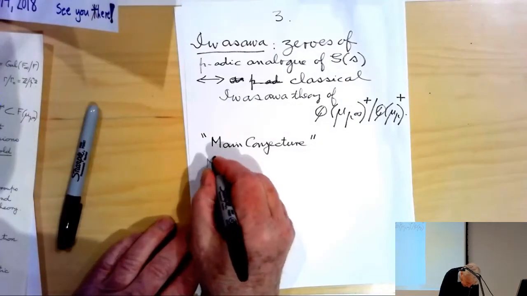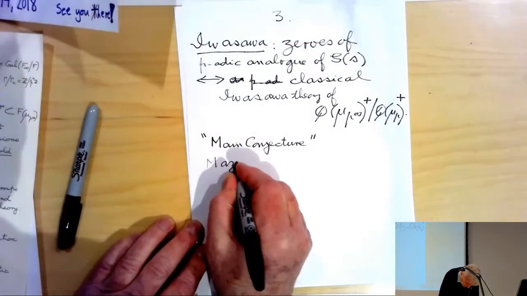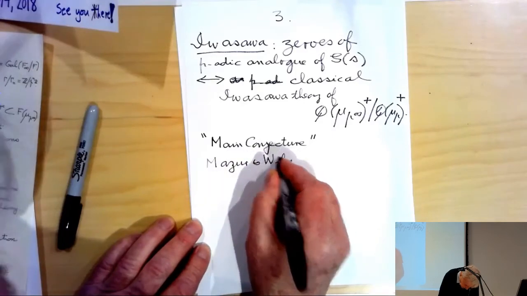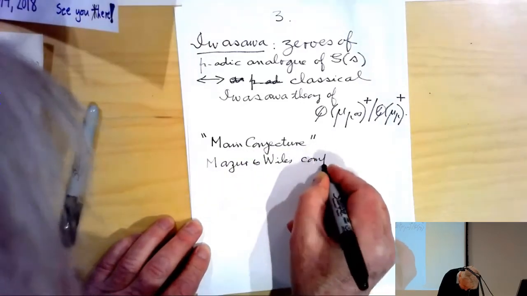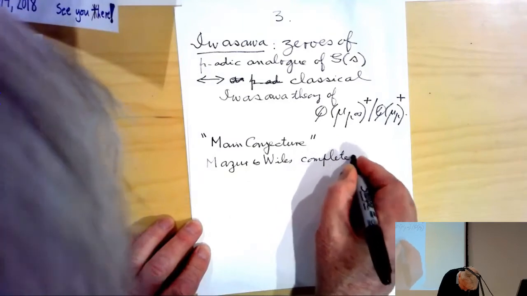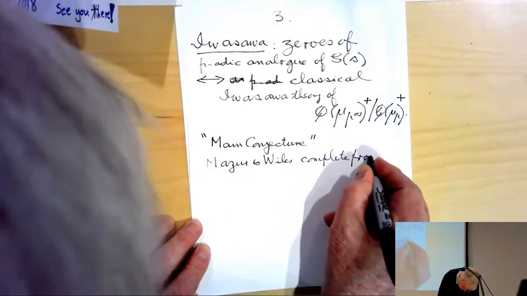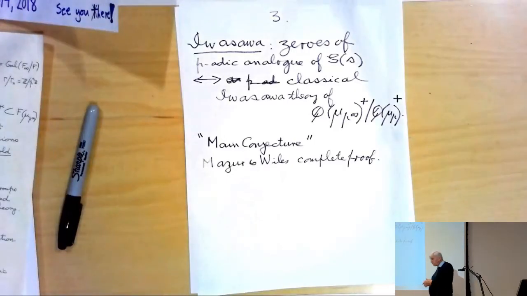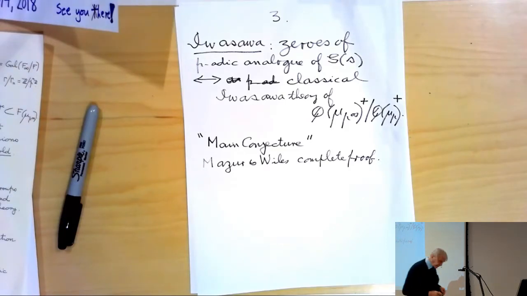Mazur and Wiles gave the first complete proof. And this main conjecture, and I'll be talking in a moment about its generalization, is perhaps the most mysterious side of Iwasawa theory and the most useful for studying arithmetic.